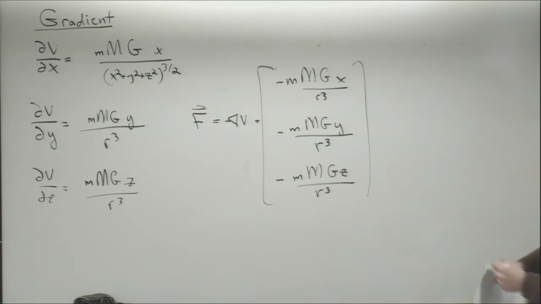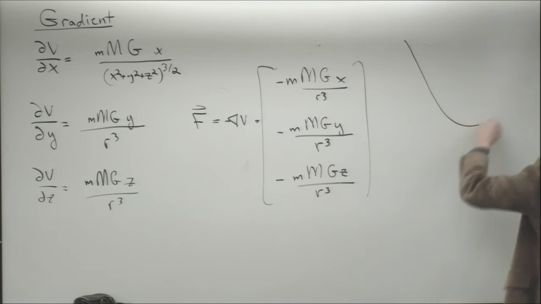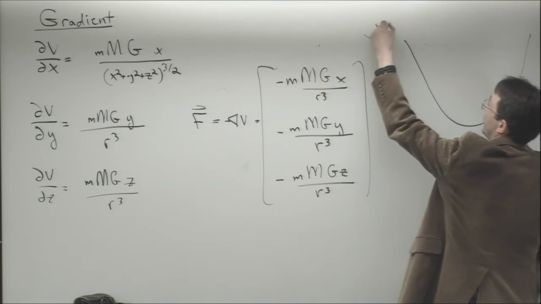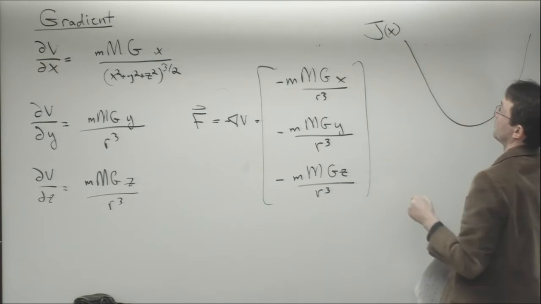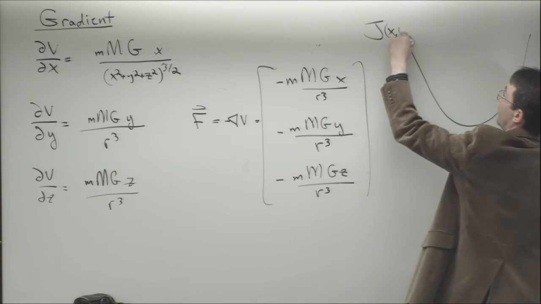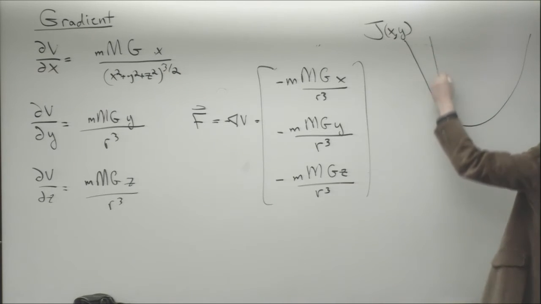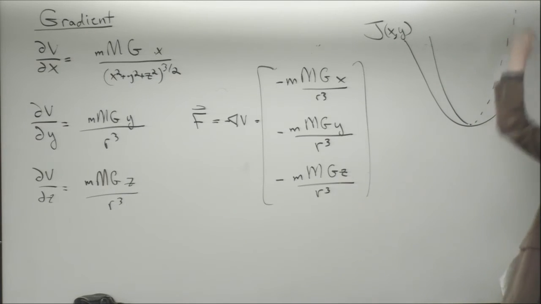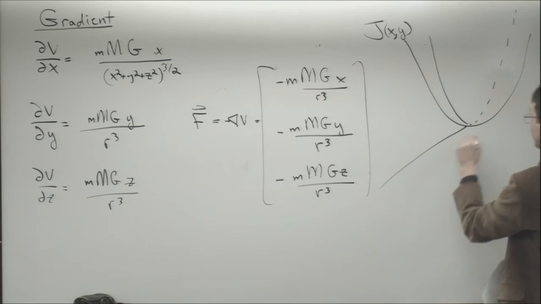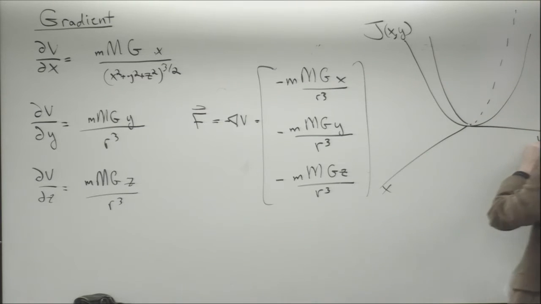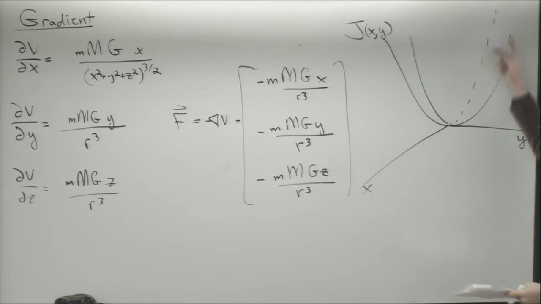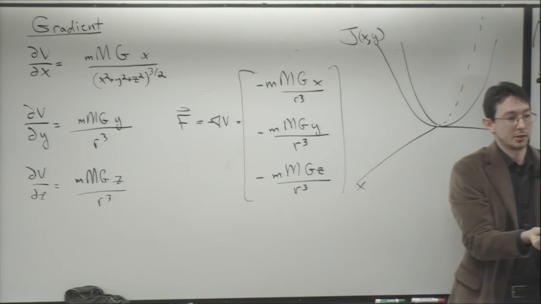You can use the gradient for optimization. Let's say I have some cost function j of x. Let's make it a little more complicated, x and y. So I have this bowl. I have some cost function j as a function of x and y, and it's just this parabolic dish or bowl.